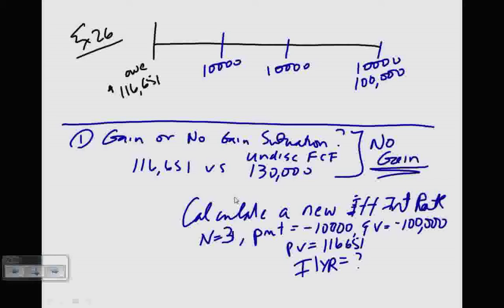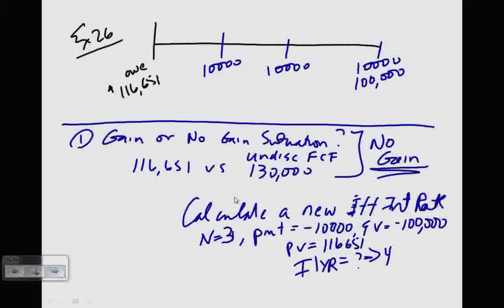Let me just do that with my little calculator here. Make sure that you put in the payment and the future value as negative and the present value as positive, and you come up with an interest rate per year of 4%, and that's going to be my new effective interest rate.